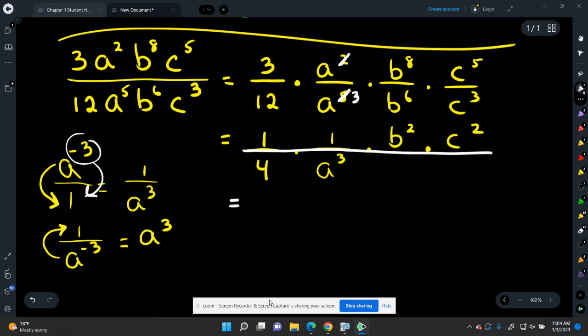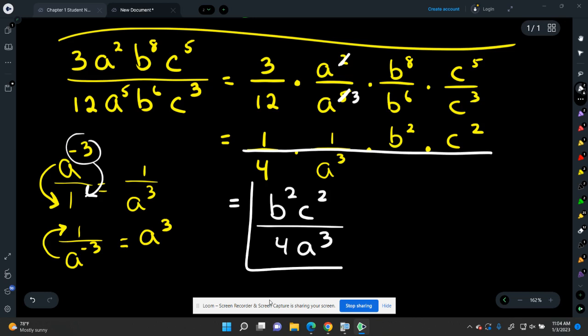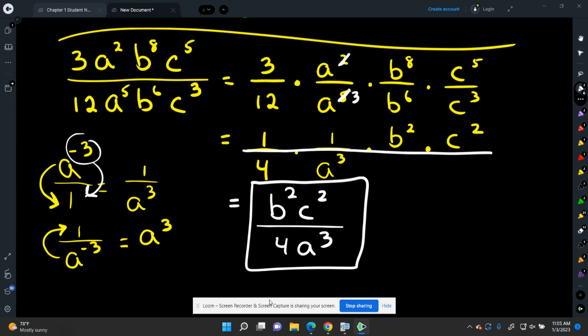So this equals b to the 2nd, c to the 2nd, over 4a to the 3rd. That's our final answer. You should all have this example written in your notes. Everyone should have this example written in their notes, right, Andriana?